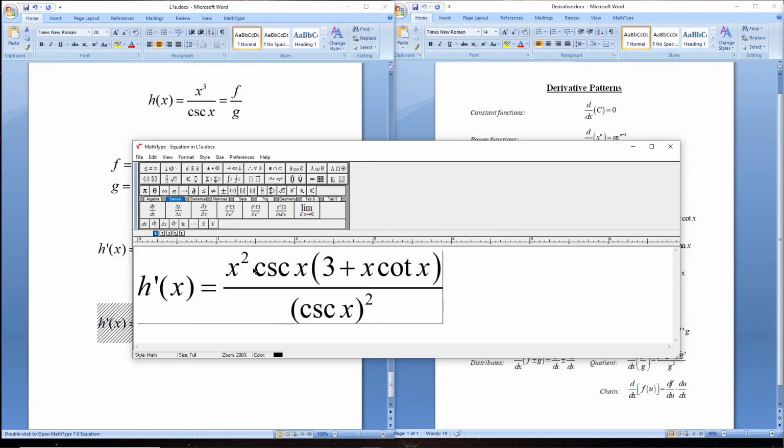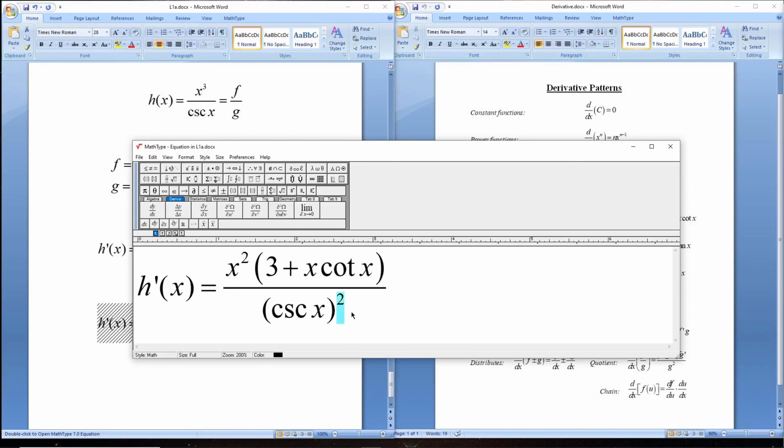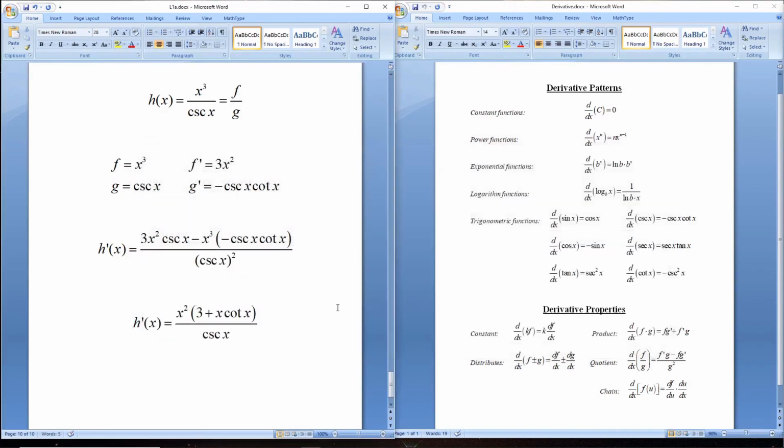And then notice, now we have a cosecant here that will divide out one of these cosecants. And we don't need this parentheses really anymore, so I'll just get rid of it. And there's our final cleaned up answer.